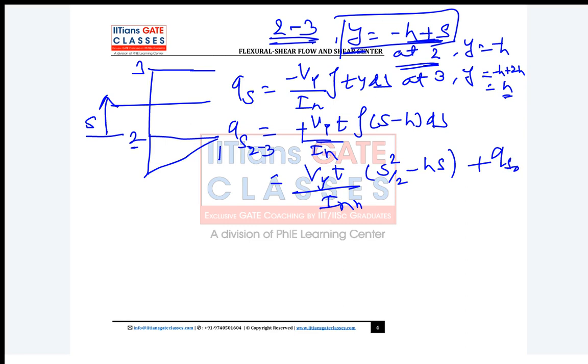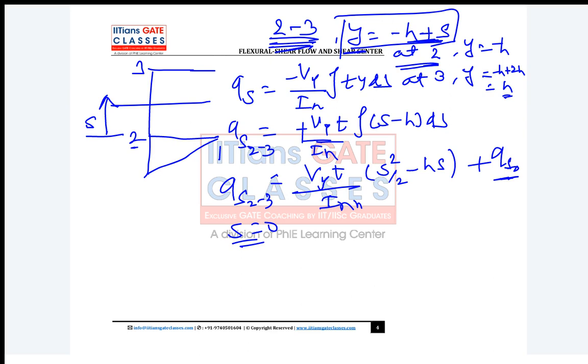Now guys, how do we find this integration constant? We know when s equal to 0 for the section. Sir, it cannot be plus. You have written y as s minus h only, no, sir. It is minus h plus s, no?